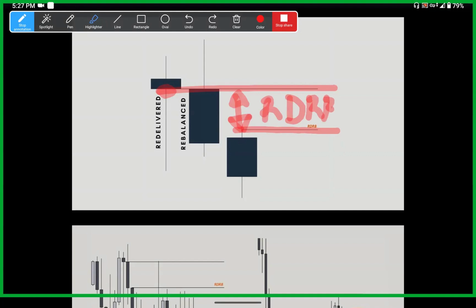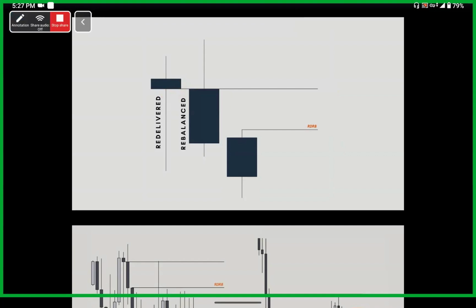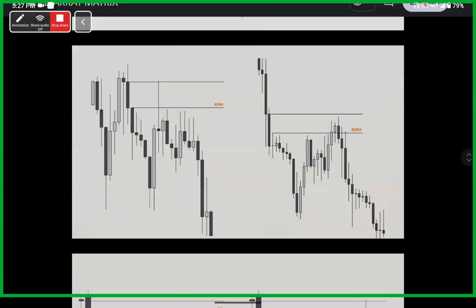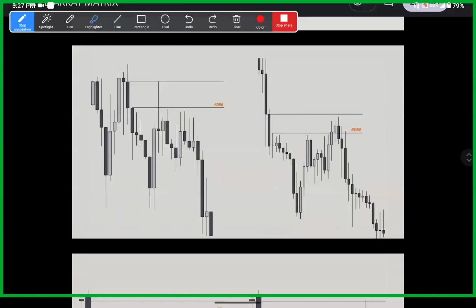So you'll find that price will opt in those points of redelivered rebalance. Another thing, hope you see here, it exactly happens with this candle, this and this. So this is what we call redelivered rebalanced.